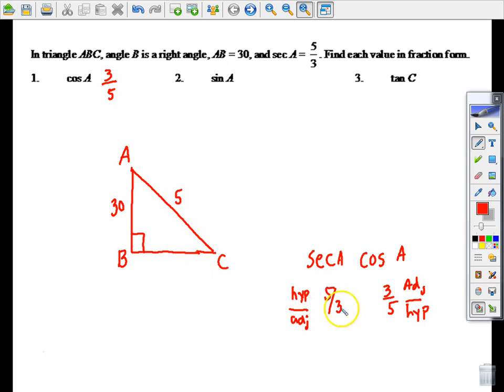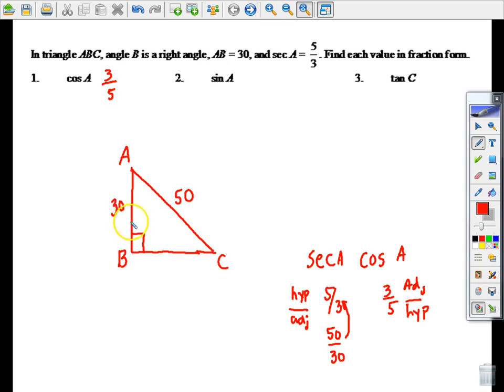So if this adjacent side is represented as 3, but we're told that it's actually measured at 30, then what we're dealing with isn't a fraction that's been reduced. If the denominator of this fraction is 30, can you see that really this was the fraction originally 50 over 30, which reduced into 5/3. So the hypotenuse turns out to be 50.